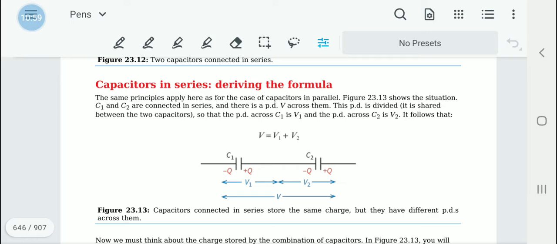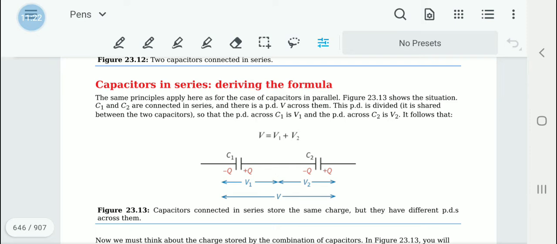However, both the capacitors would be charged the same, because of the charge that would arrive at, so please remember, we are talking about the convention, okay?